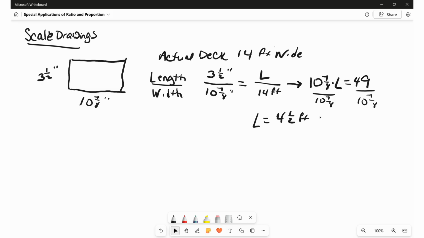So another place where we might see special proportions is when we're talking about similar figures.